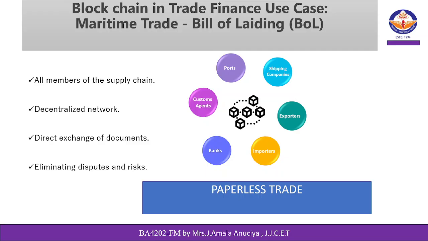For example, the cost of trade paper reaches $420 billion. Sometimes it can also cost 5 to 10 percent of the transaction. BOL also improves the flow of trade documents.